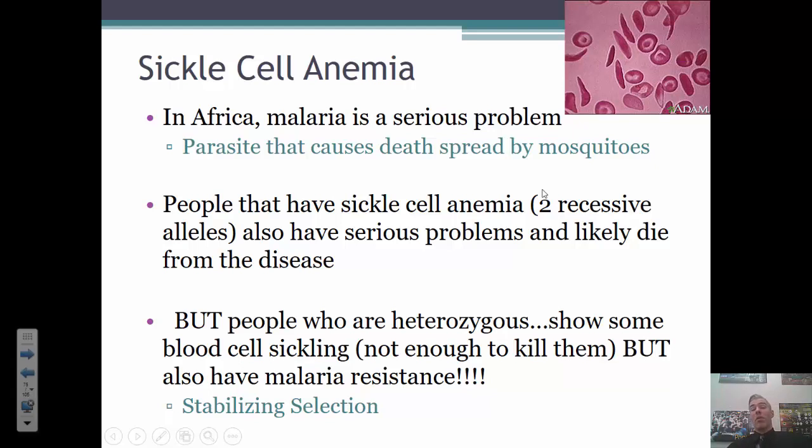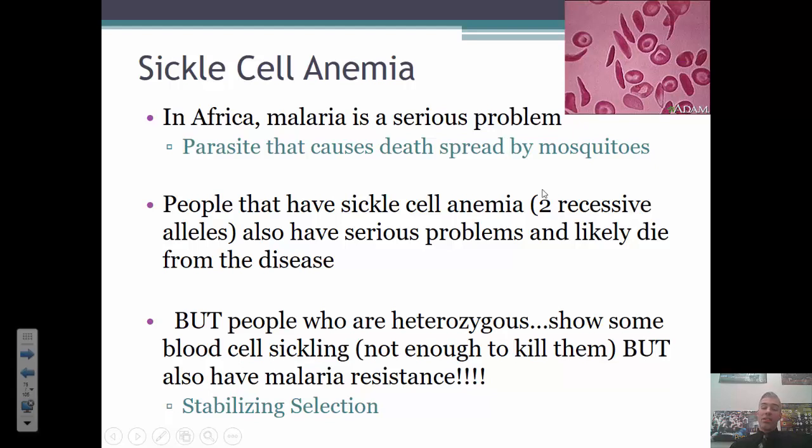They don't have full-blown sickle cell anemia, but they have one allele version of the sickle cell trait. So they have some cells that sickle, but a bunch of normal ones. And it's actually enough so that the malaria parasite can't thrive, and they become immune to the malaria parasite.